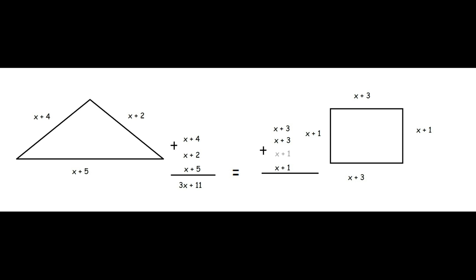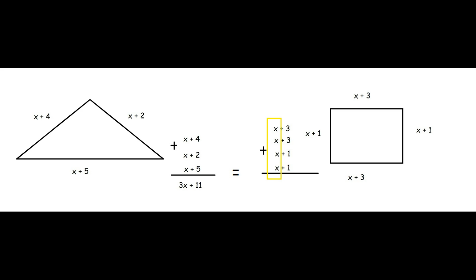So we end up having to add all four sides together: x plus 3 plus x plus 3 plus x plus 1 plus x plus 1. We put our four x's together, and of course that's just 4x. And then we're going to add our 3, and our 1, and our 1 together.